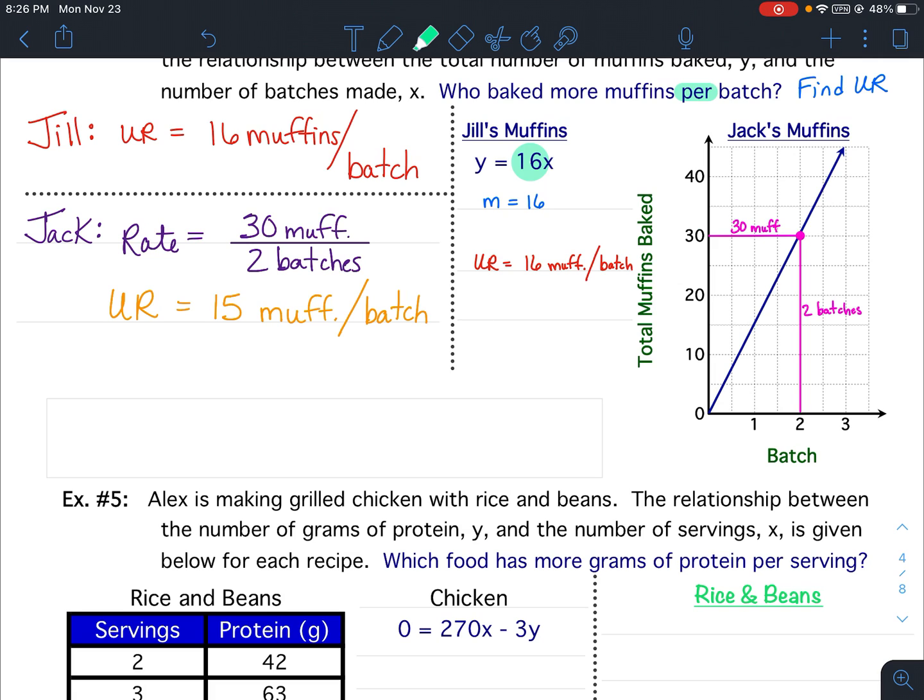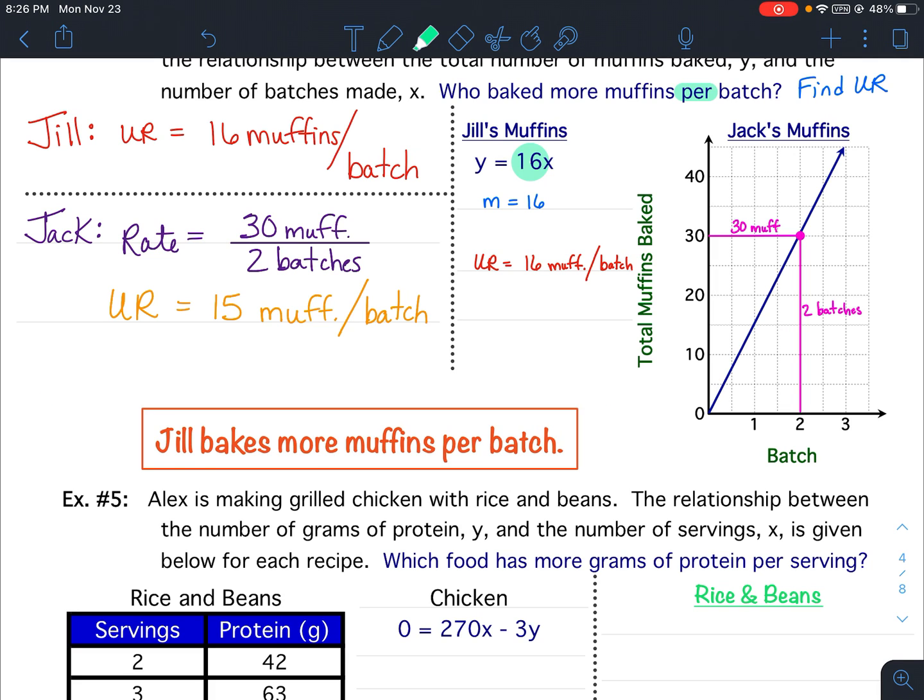So I picked the point on the y-axis, which is 30, and put it over the point on the x-axis, which was 2. And then to go from rate to unit rate, we divide. 30 divided by 2 is 15. So Jill baked 16 muffins per batch. Jack baked 15 muffins per batch. The final answer is Jill bakes more muffins per batch.